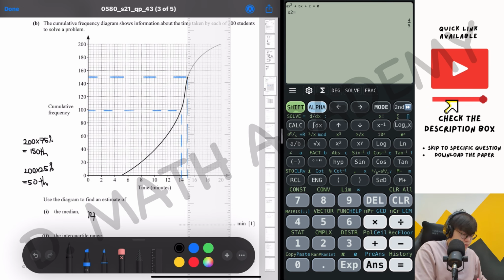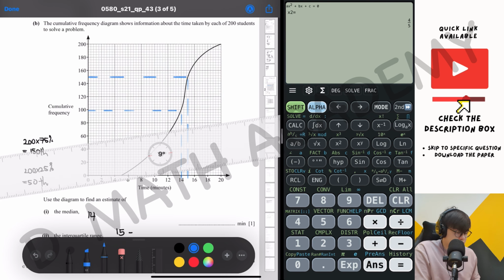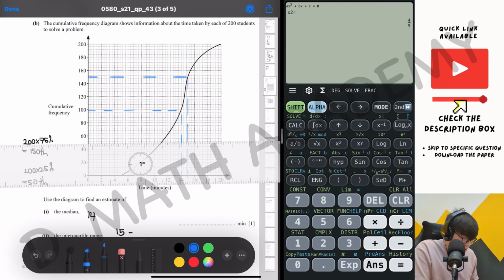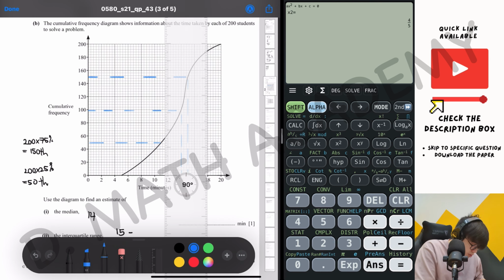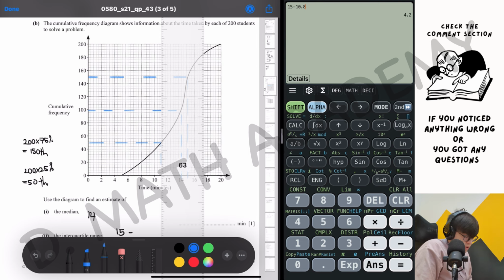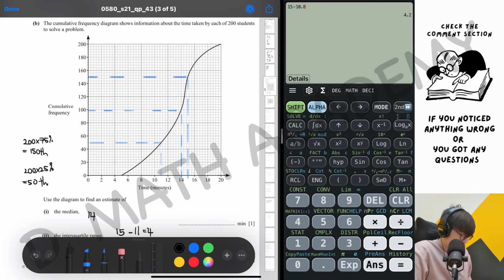Okay, that will be 15. And then if you trace the other one, which is 50, that will be here. So the value of the 50th is actually 11. So 15 minus 11, the result should be 4 as your interquartile range.